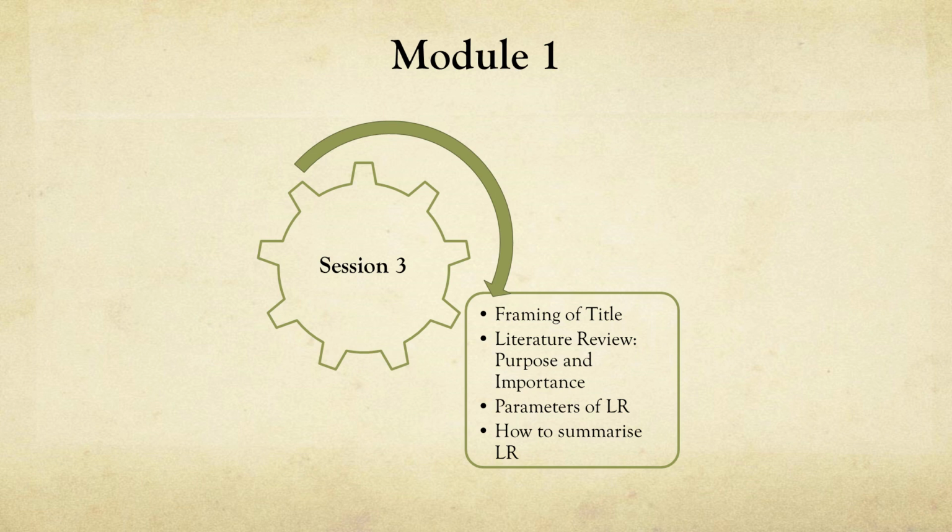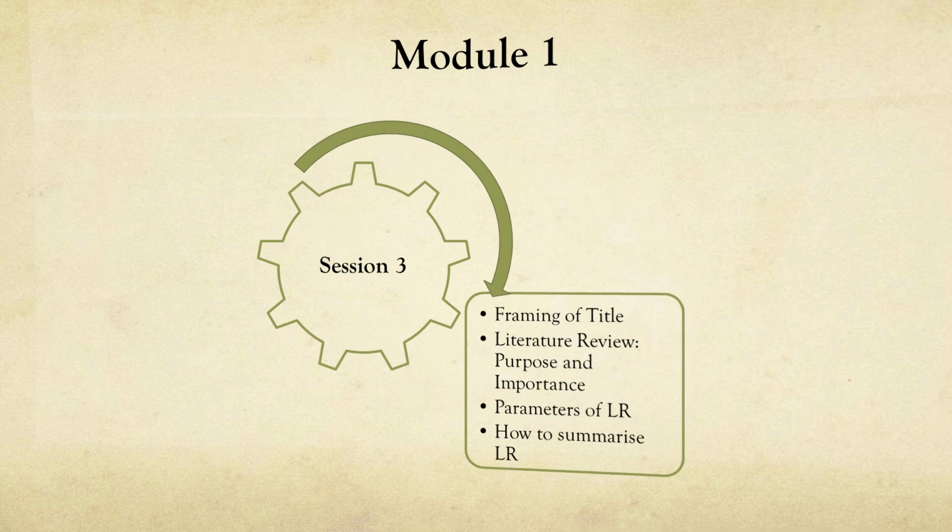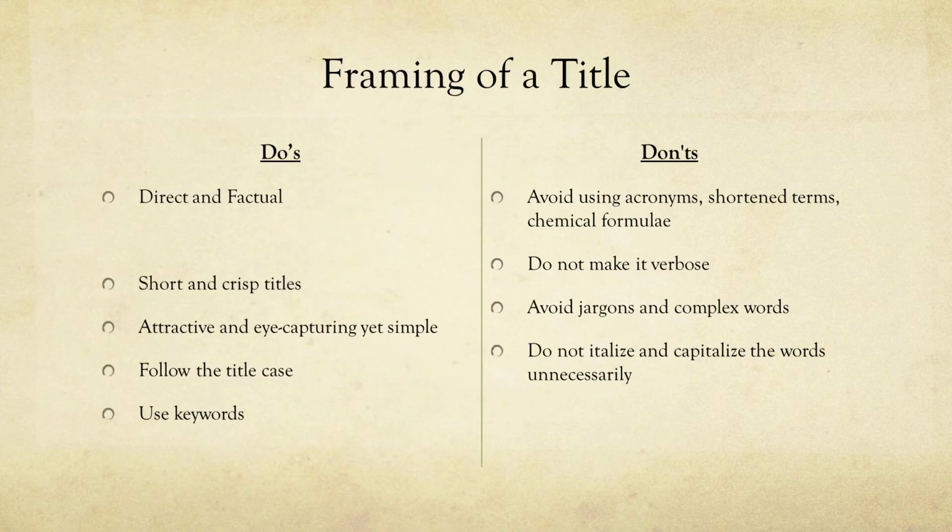Alright. Now, moving on to the next slide, framing of a title. So title is actually a building block of your research. The title of the research is important because it catches the eye of any researcher who wants to research further on that area of interest, and therefore your title should define your whole research in a very precise and concise way.